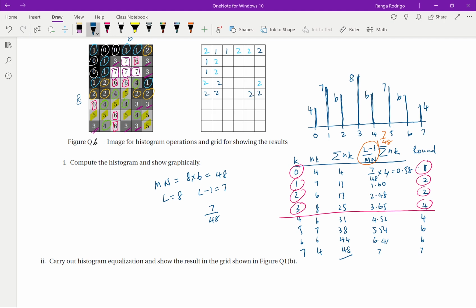For all 3's, let's put 4. For all 4's, let's put 4. Then for all 5's, let's put 6.